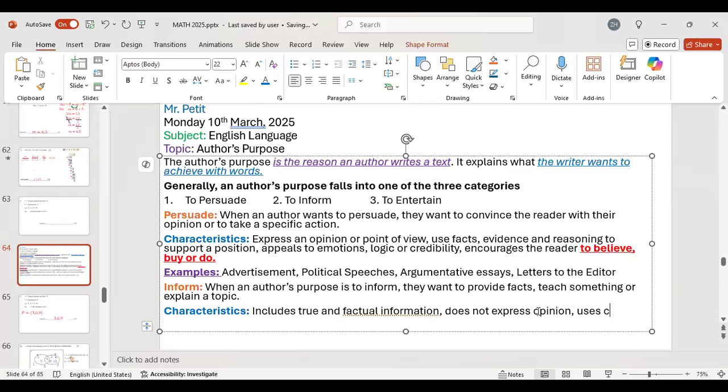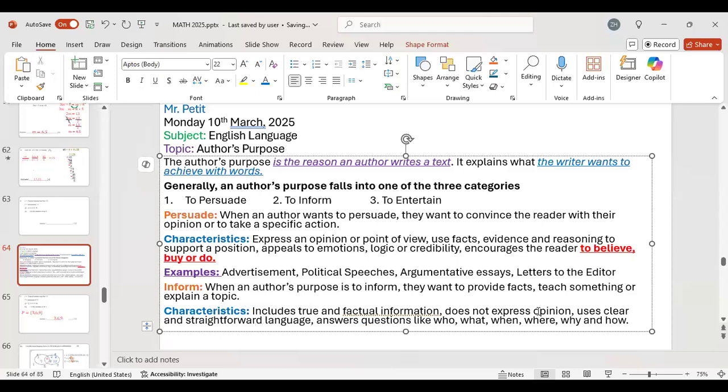It uses clear-cut, clear and straightforward language, right? And finally, it answers questions like who, what, when, where, why, and how.